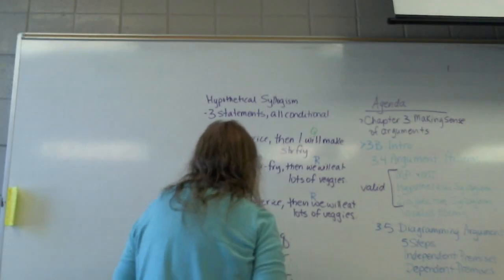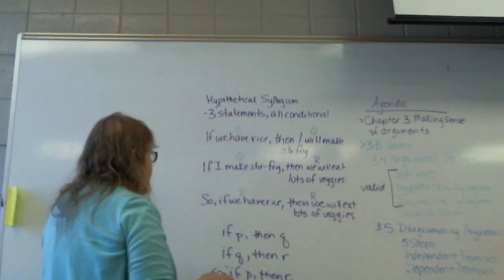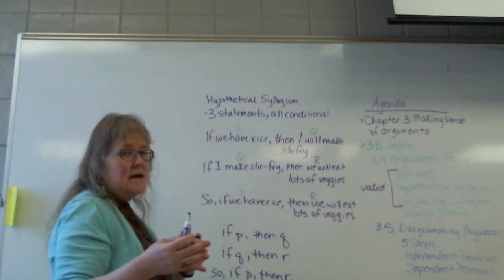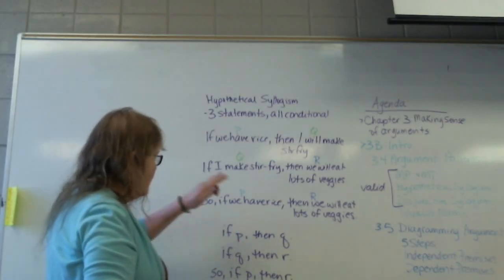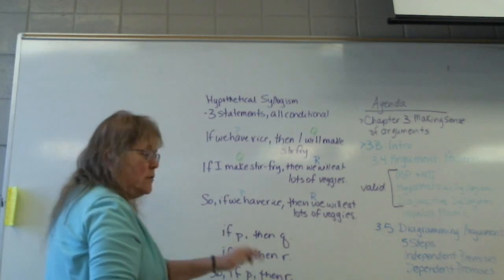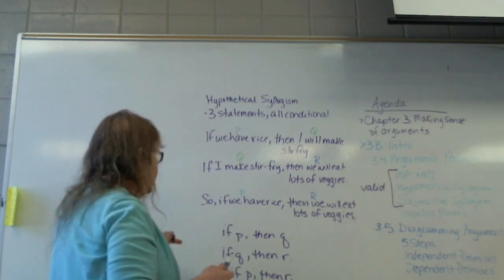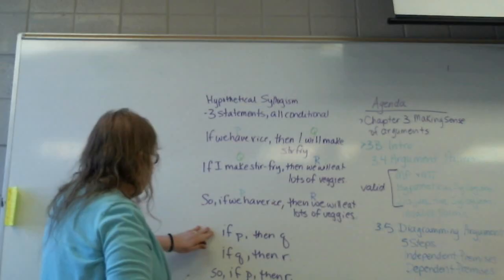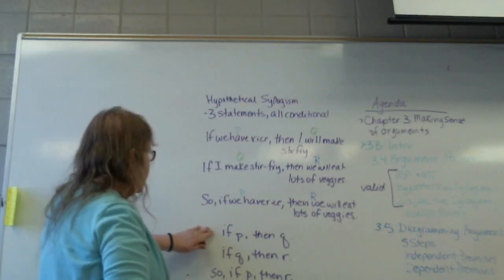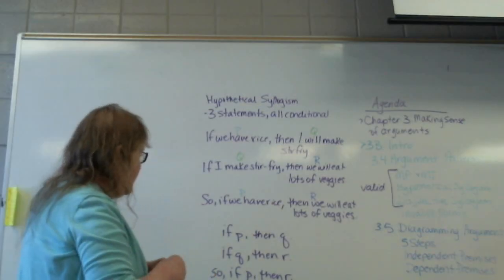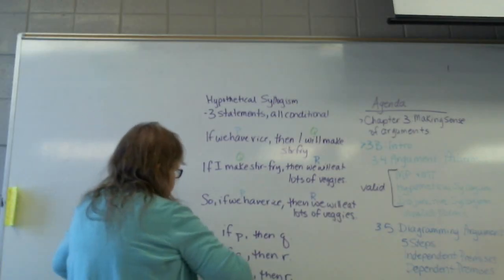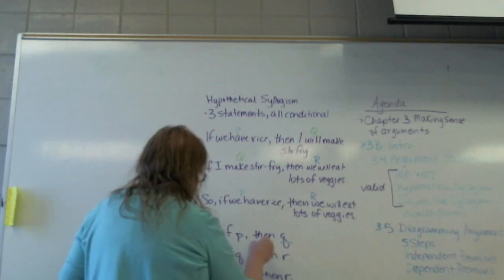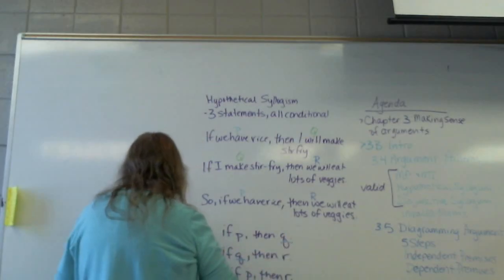And you've seen these kinds of things in algebra all the time, right? So if A equals B and B equals C, then A equals C, right? My sum total of math, no, not really. If P then Q, if Q then R. So you see the daisy chain has to be this way.